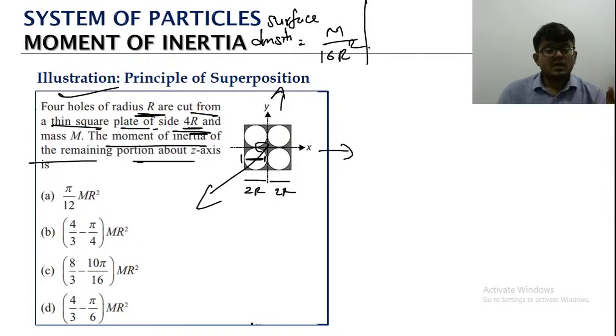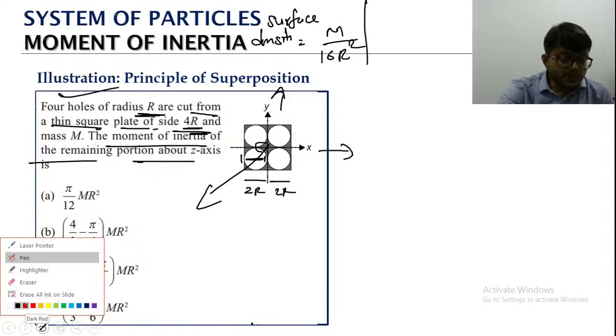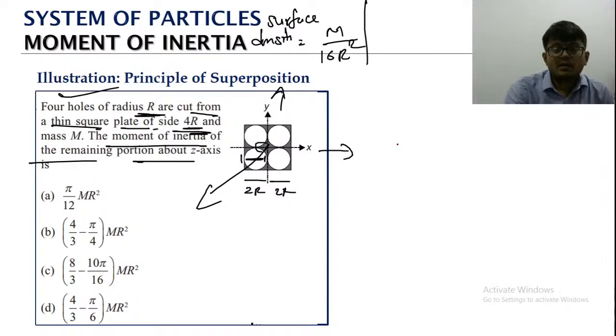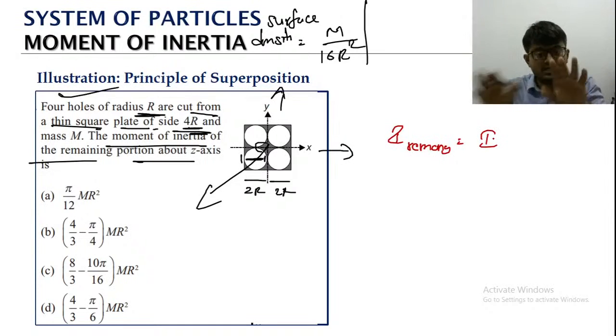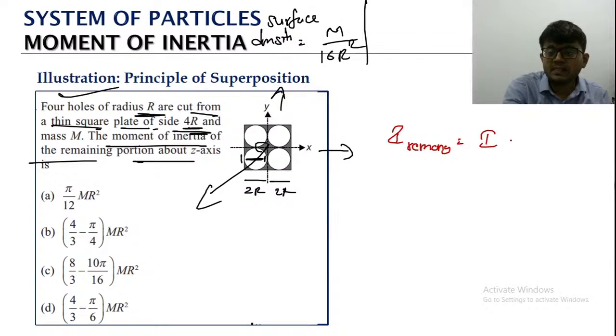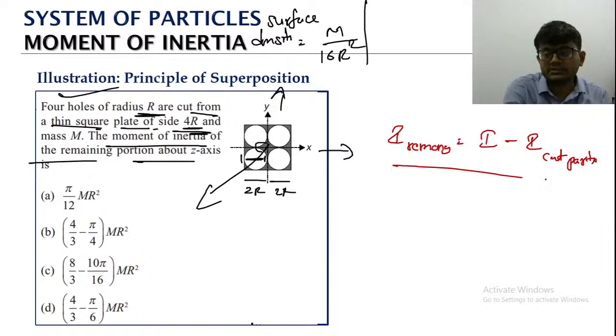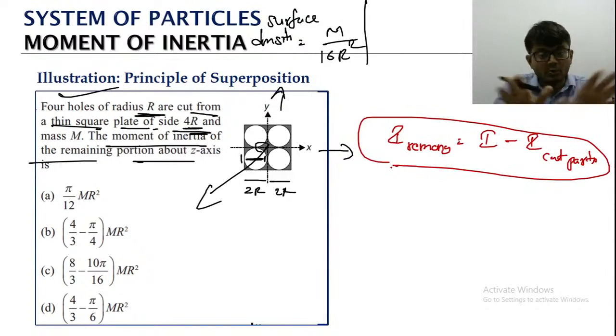Okay, now we have to go step by step. We have to find the moment of inertia of the remaining portion. As per the principle of superposition, the moment of inertia of the remaining portion is equal to the moment of inertia of the original plate, minus the moment of inertia of the cut parts, because the remaining portion will not be a symmetric part.